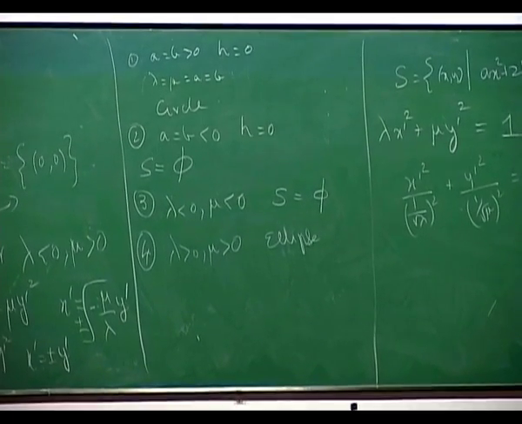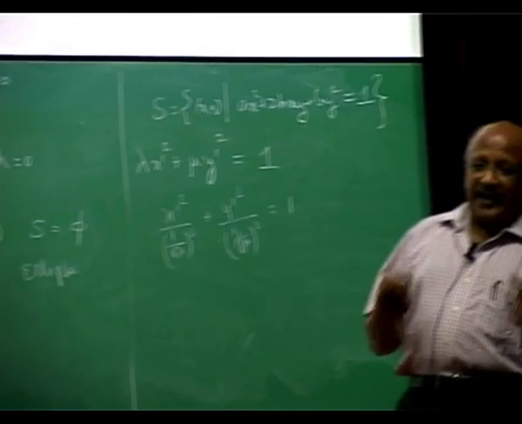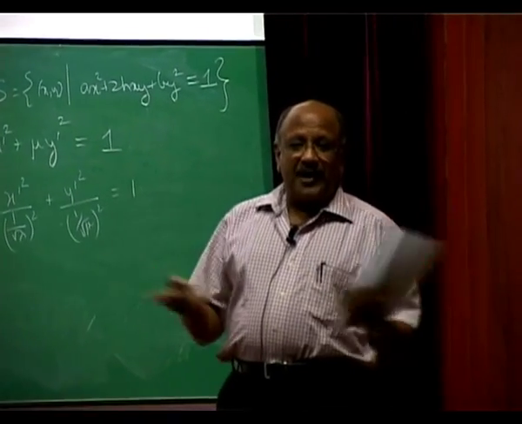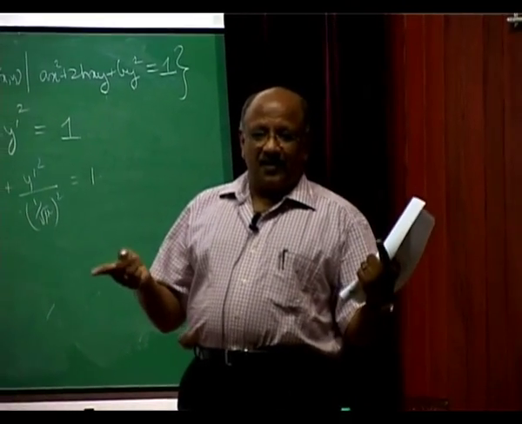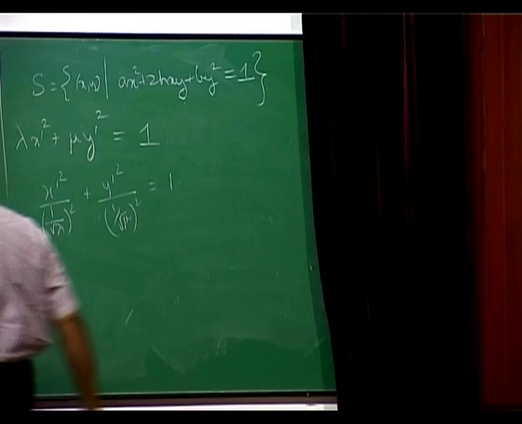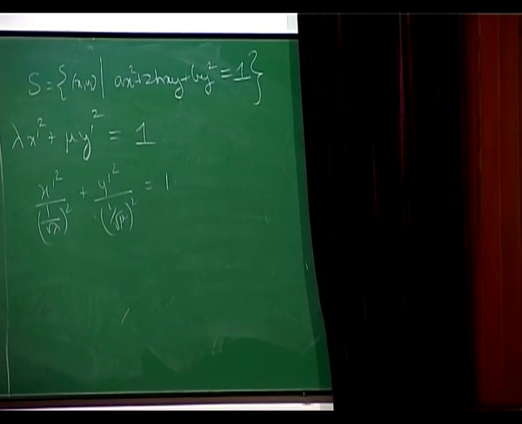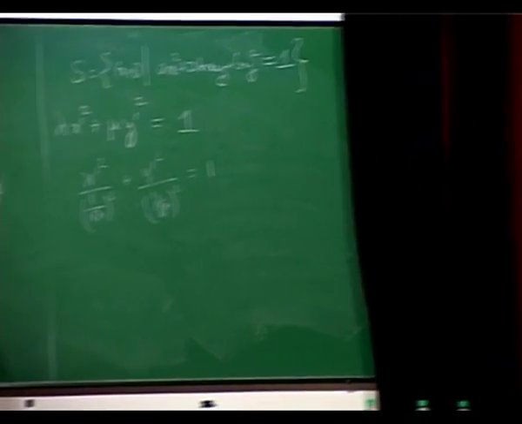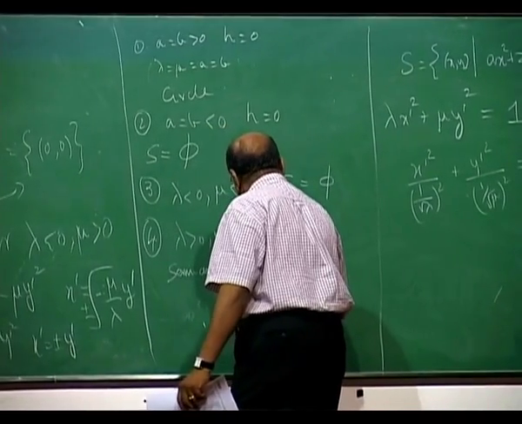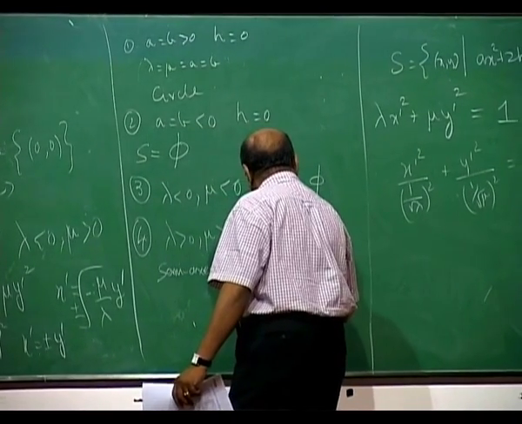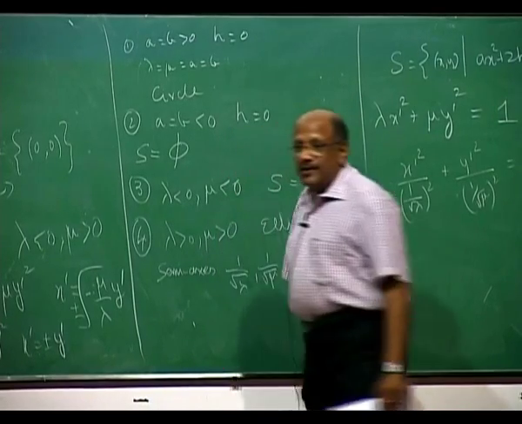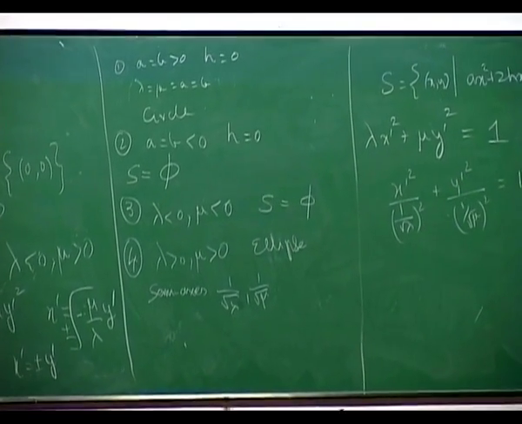So the square roots of the reciprocals of the eigenvalues give you automatically the semi-axis of the ellipse. So semi-axis lengths are 1 over root lambda and 1 over root mu.